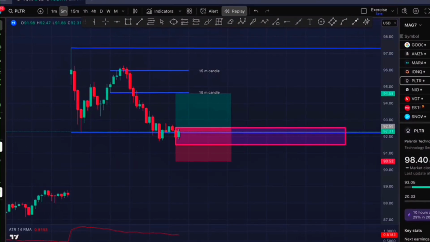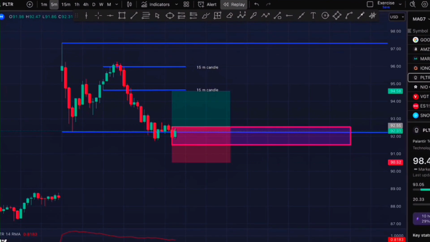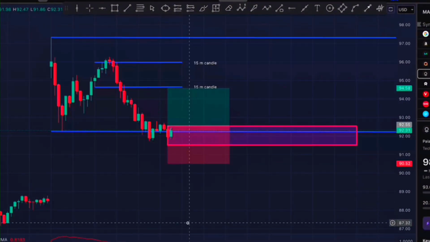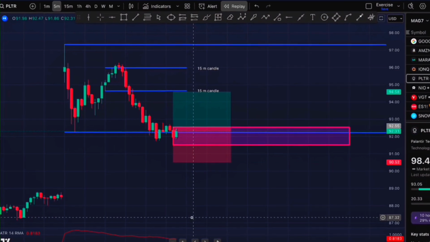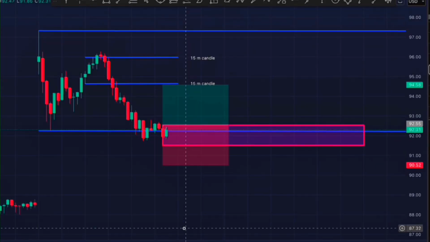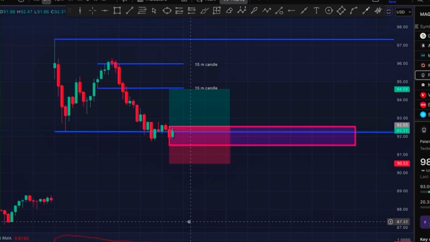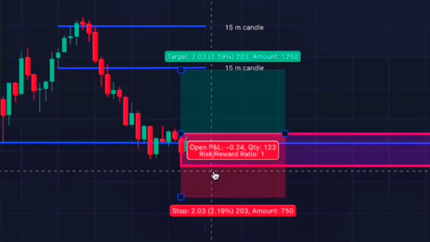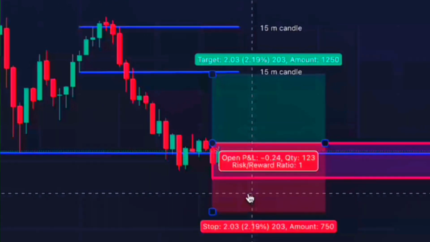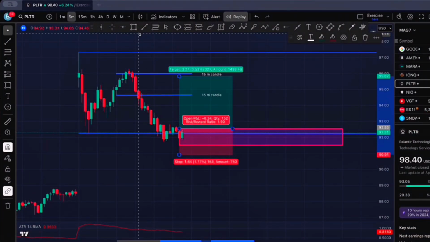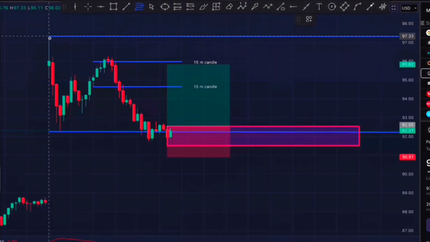That's what I am sacrificing in order to get what? Twice of that. So it's going to give me 3.28. I'm going to put the target at 3.28. Another thing you can do is take the Fibonacci here.